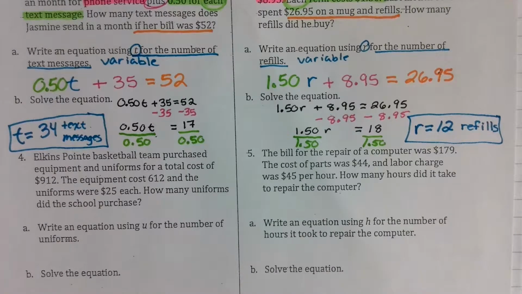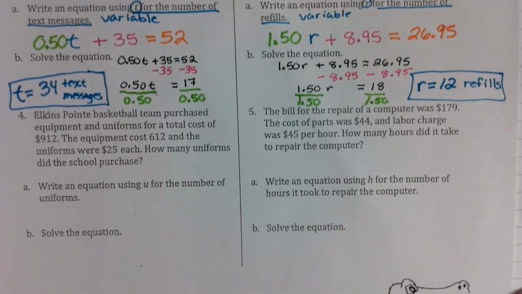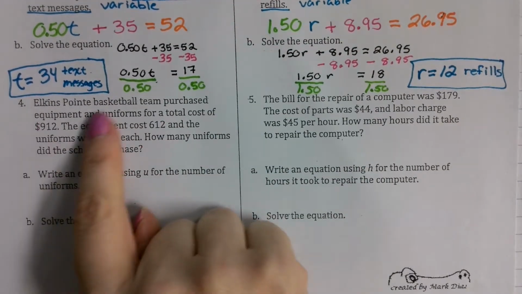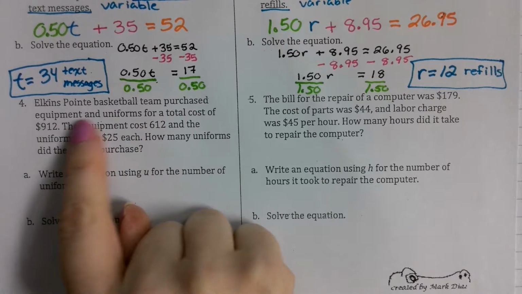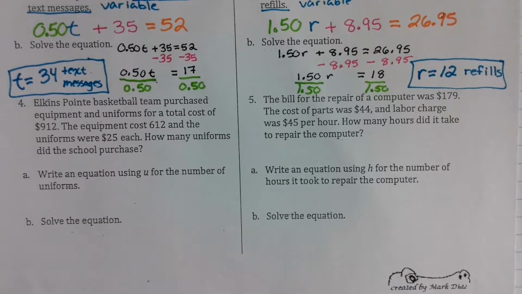Simple process? Let's take a look at the next one. Okay, Elkin's Point basketball team purchased equipment and uniforms. So they buy equipment, they buy uniforms. So if we're buying two things, we take the cost of both and add them together.